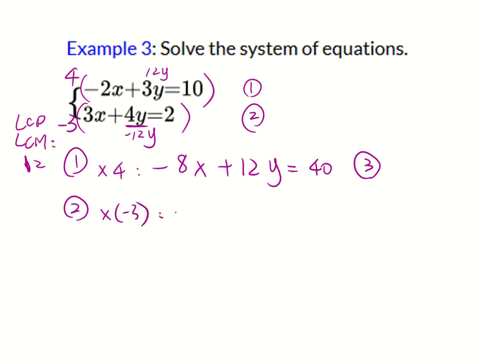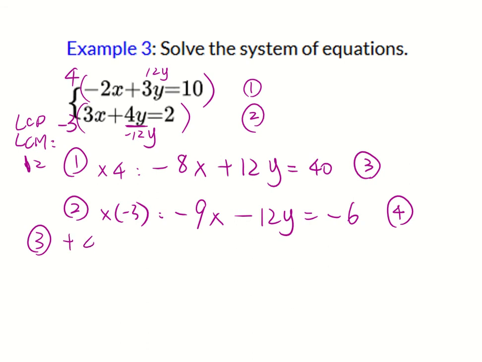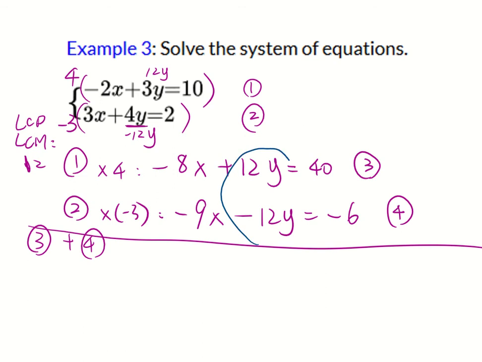So I have -9x minus 12y equals -6. I'll call this equation 4. If I add up equation 3 and equation 4 together, you will see the y terms will be gone.